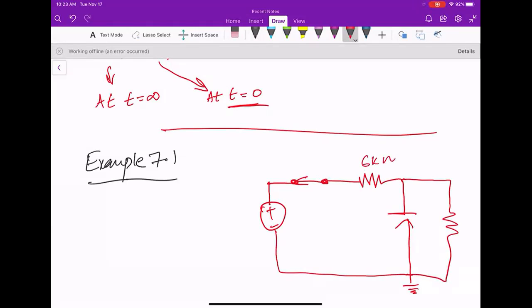So this is 6 kilo ohms. This is 100 microfarad. This is 3 kilo ohms, and this is 12 volts. We have this wire here, which says that at t is equals to 0, this switch will move to this wire, okay? So, which means that before t is equals to 0, it was like that.